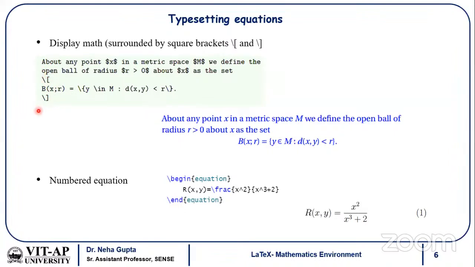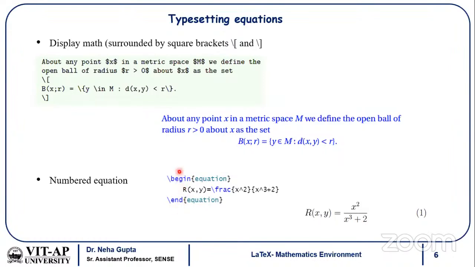And the second way is using this command, begin equation. If you are beginning with anything, it should be ended also. Whenever you type slash begin equation, the end equation will automatically come in the overlay. If you have not written it, it will give you an error.